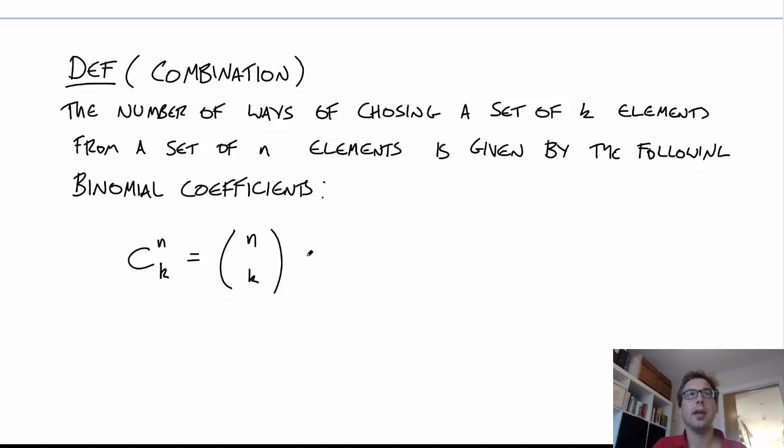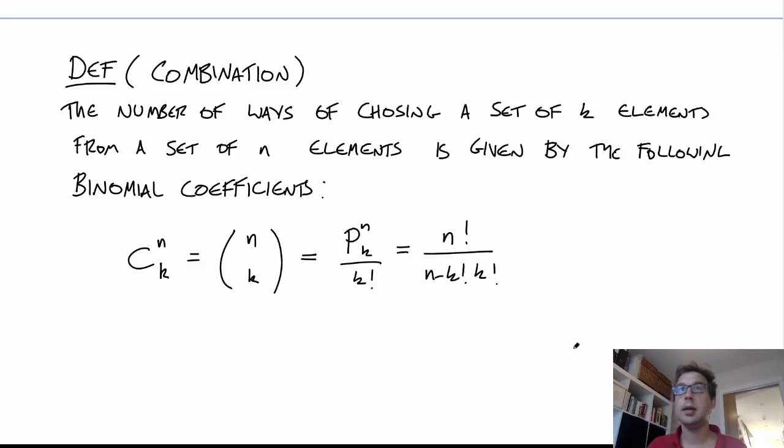Okay, and this is equal to, just like we had above, P(n, k) divided by k factorial, which by a formula from before was equal to n factorial divided by (n minus k) factorial divided by k factorial. Okay? Another way of writing this out is we've got n times n minus 1, and we do that for k terms, so n minus k plus 1, and then we divide it by exactly the same thing, but we start with k, and we take the k terms going down from k.